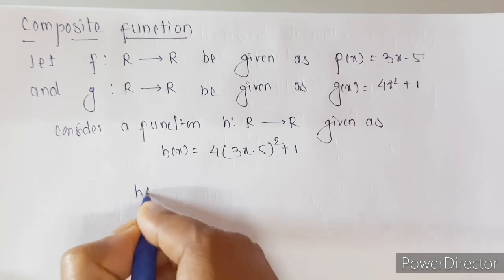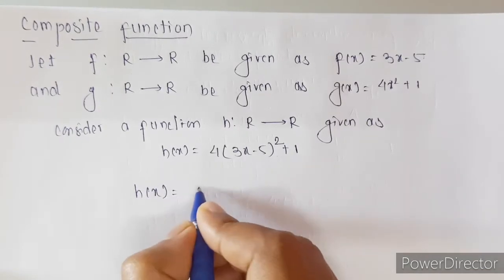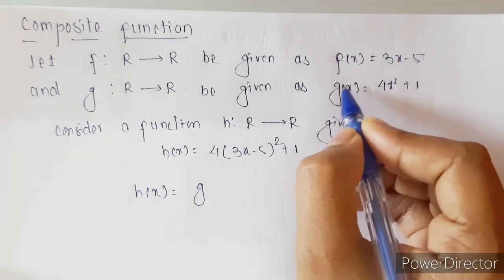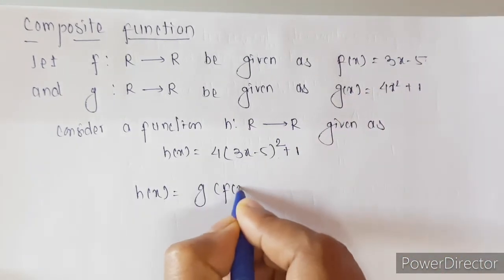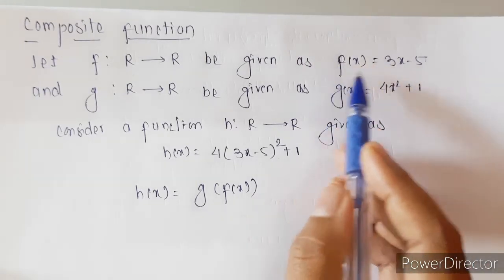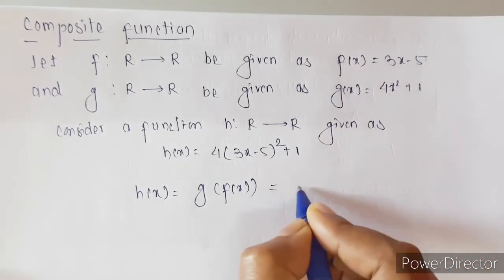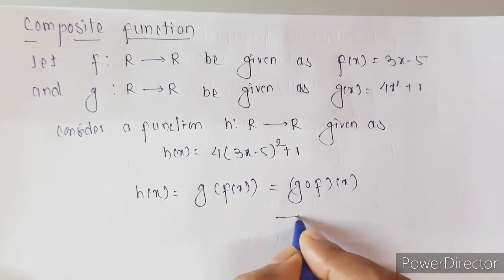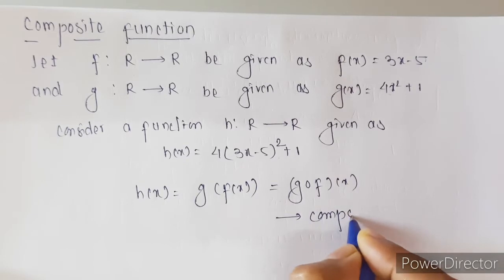So basically h of x we have taken as g of x, but instead of this x we have replaced it by f of x. This can also be written as g composite f of x, and this is nothing but a composite function.